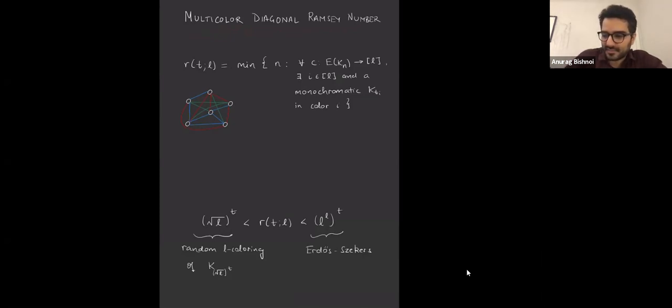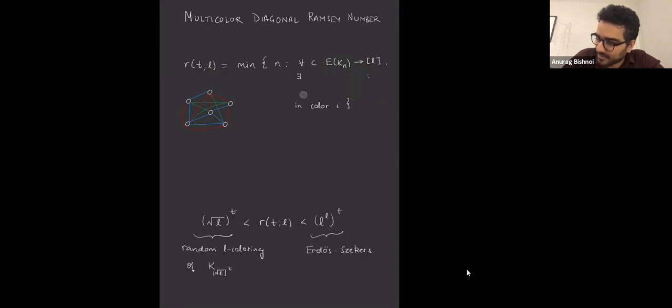So we are interested in this number R of t semicolon L, which is the minimum number of vertices n for which in every edge coloring of the complete graph on n vertices using L colors, there exists a monochromatic K_t. Actually I can just simplify it.